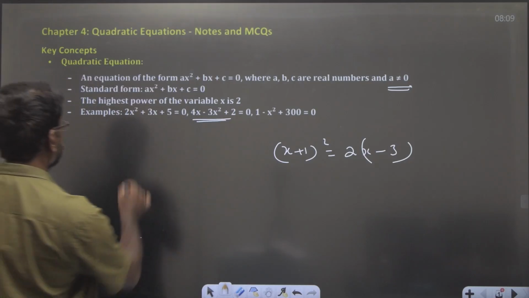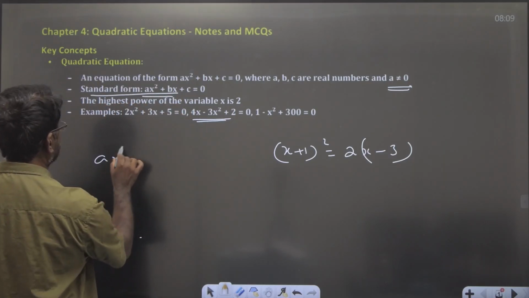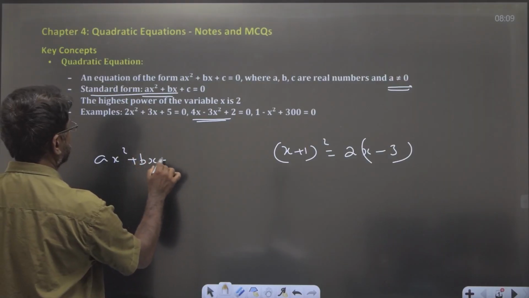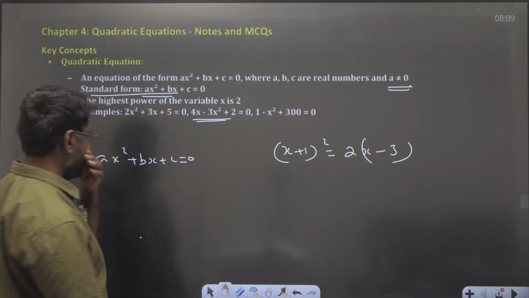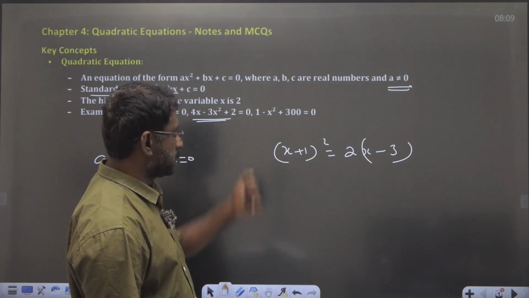So our standard form is ax square plus bx plus c equal to 0. Now try to convert this into this form.